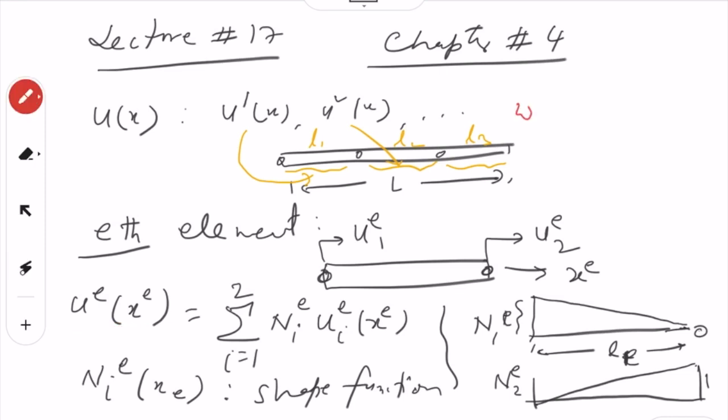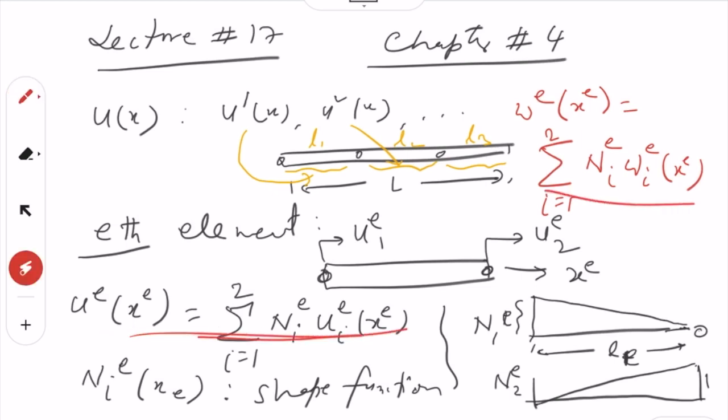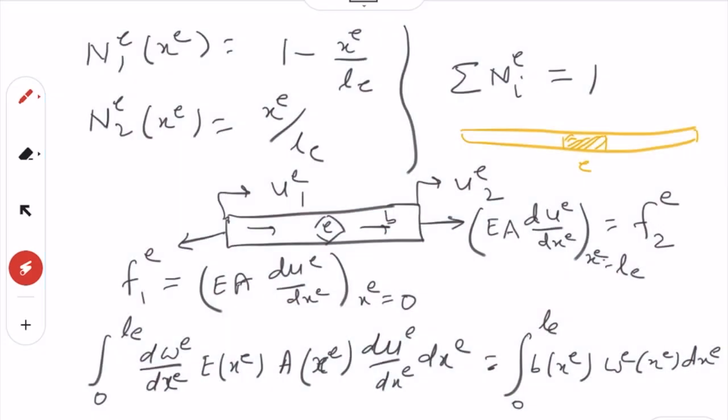So we can say WE XE is a summation of I equal to 1 to 2 N I E W I E X E. We can also write exactly the same way, same manner.